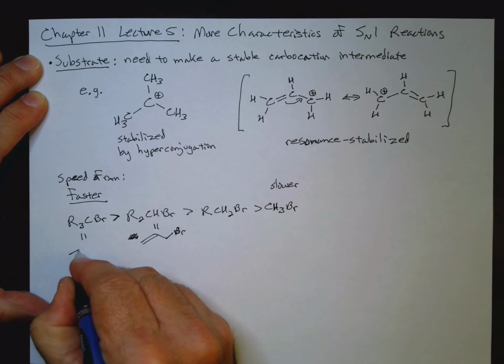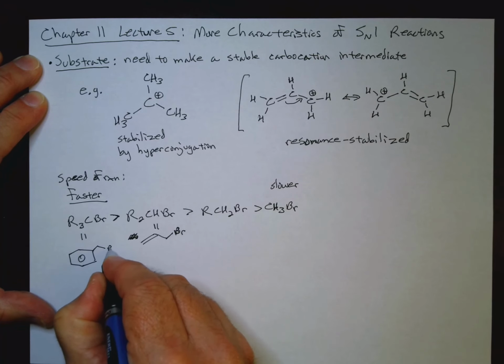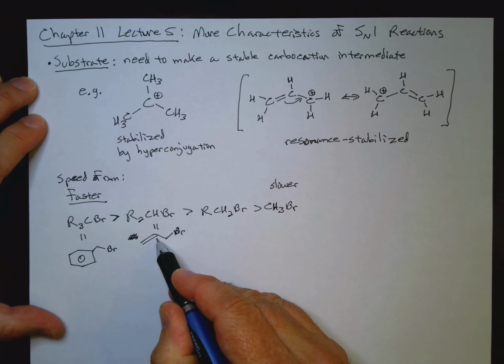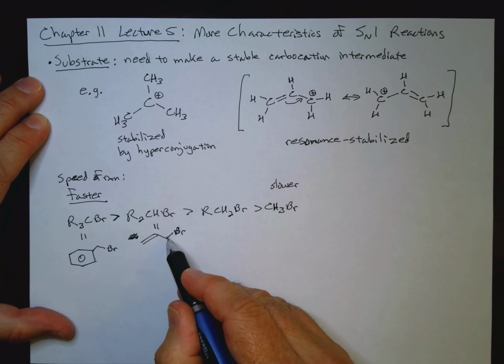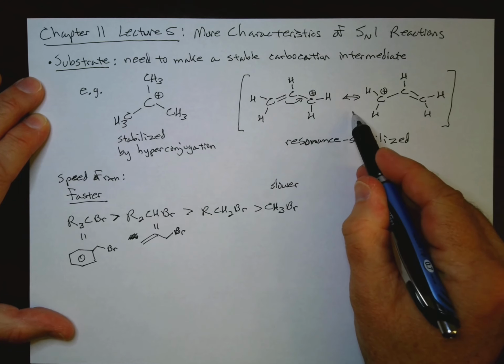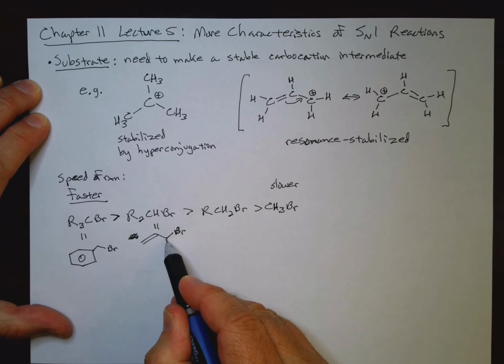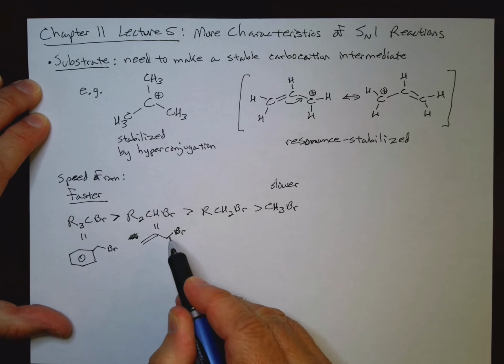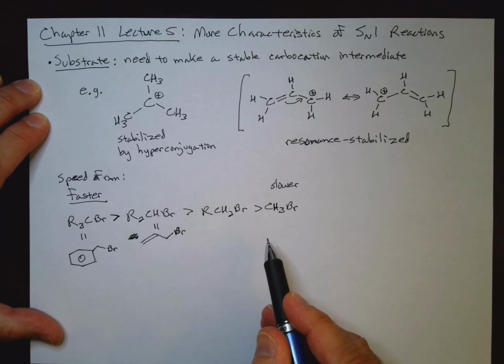And then, because we can have resonance stabilization, we could have something like an allylic halide that would give the allylic carbocation, which is resonance stabilized. And even though it looks like it's primary, because that carbon has 2 hydrogens and just the one R group, it's actually equivalent in stability to the secondary carbocation.